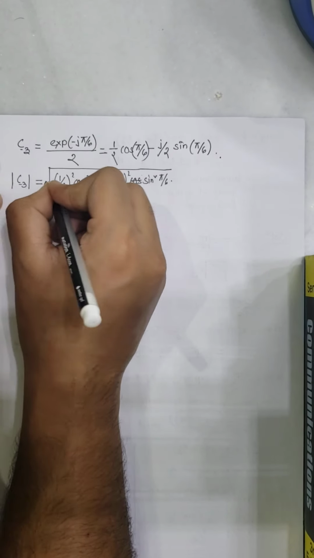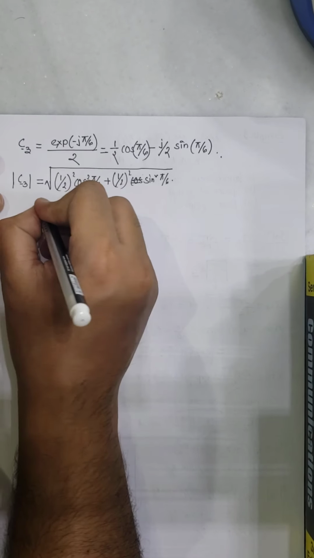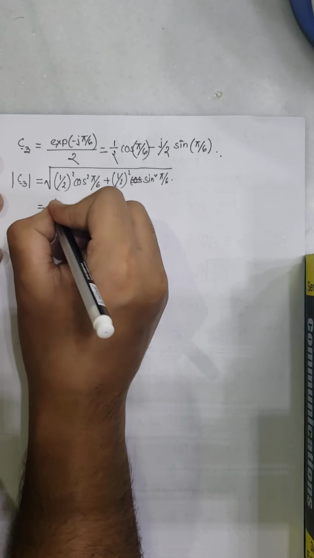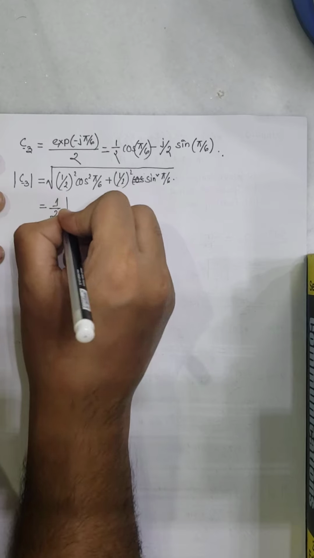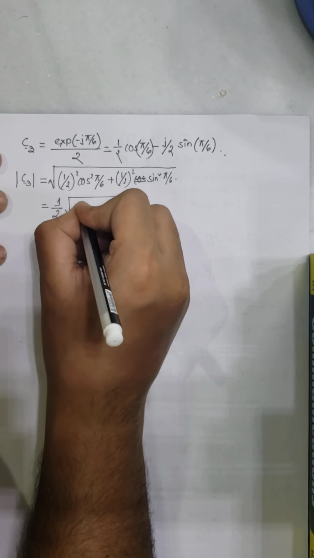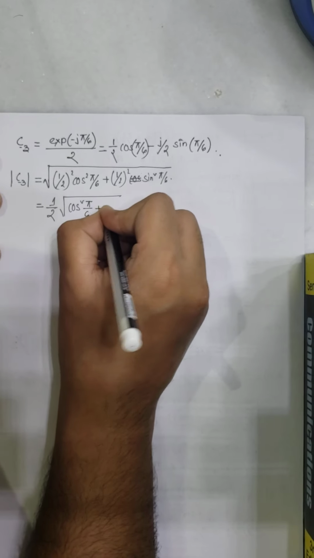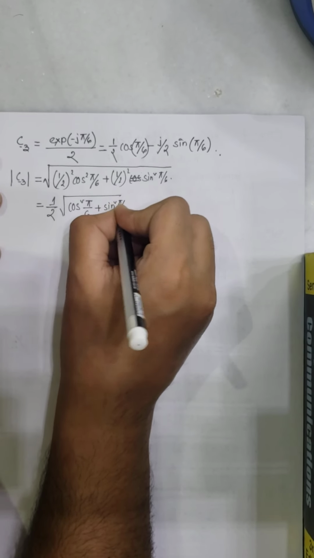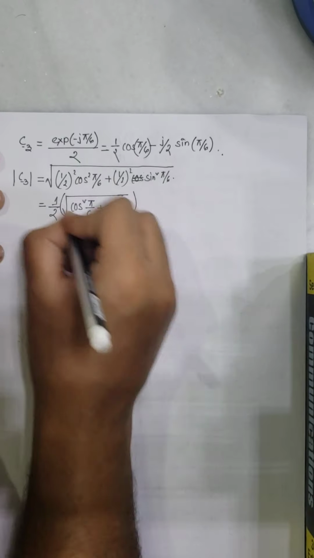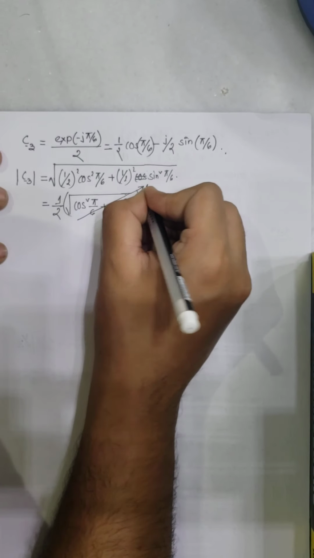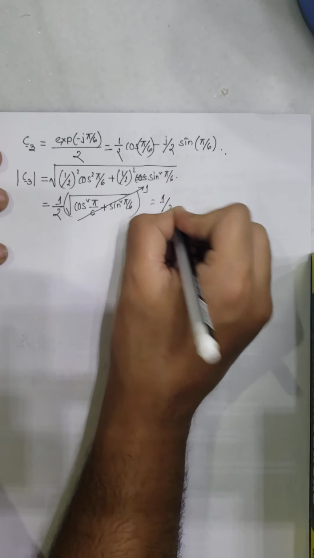As before, if we take 1 over 2 outside the square root operator, all we are left with is cos squared pi by 6 plus sine squared pi by 6. This term is equal to 1, so the magnitude is half.